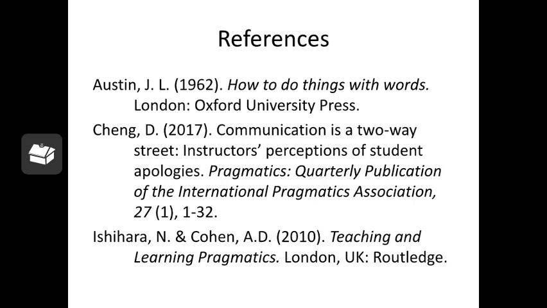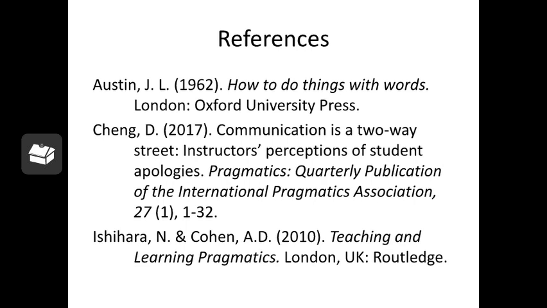The second article is a report of my study last year, in which I talked about the concept of communication is a two-way street by investigating instructors' perceptions of student apologies. A copy of this article is included in the doc share in eCollege. And I also noticed that I forgot to include the reference of Thomas 1983, where the two types of pragmatic failure have been referred to.